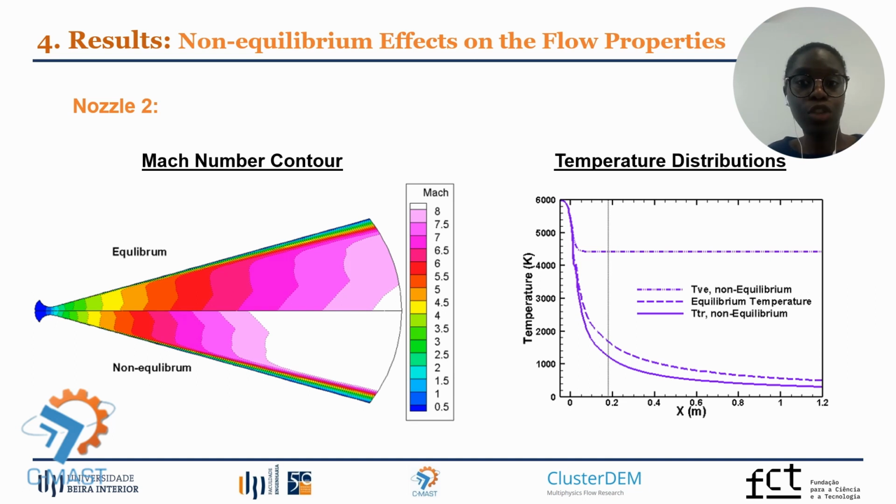The temperature distribution graph at the right shows the rapid expansion from high temperature that causes the transrotational temperature to drop abruptly, while the vibroelectronic temperature remains high and freezes inside the nozzle around 0.18 meters, which is represented by the dotted vertical line. It corresponds to the freezing point.